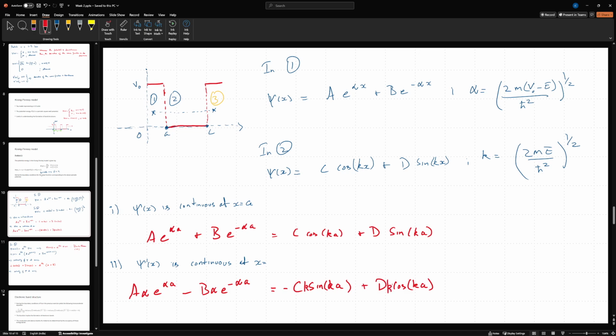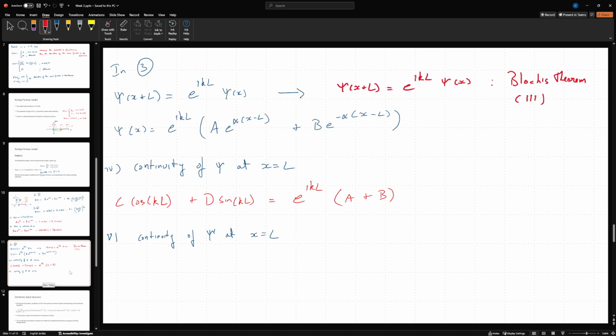Yeah. So now this is going to be Ck minus Ck sin Kl plus dk cos Kl is equal to e to the power I Kl, which is a constant, so nothing happens to it.